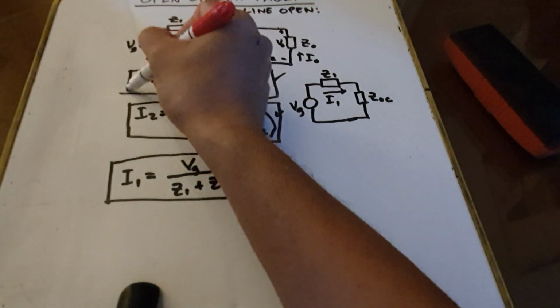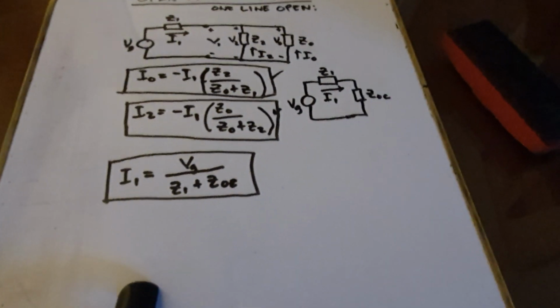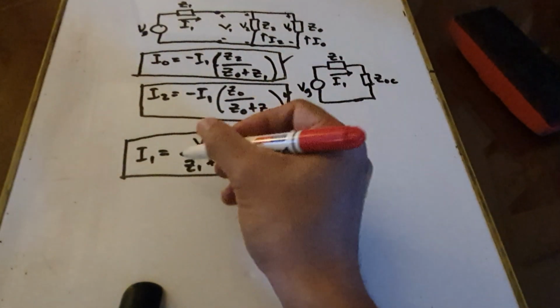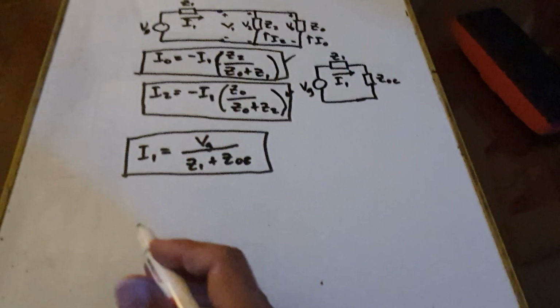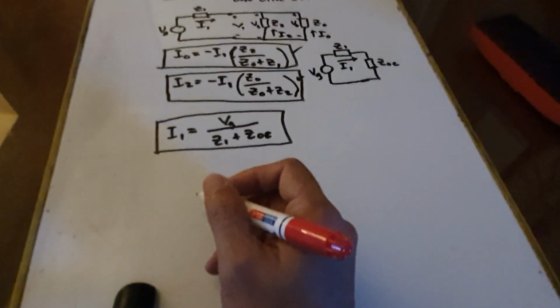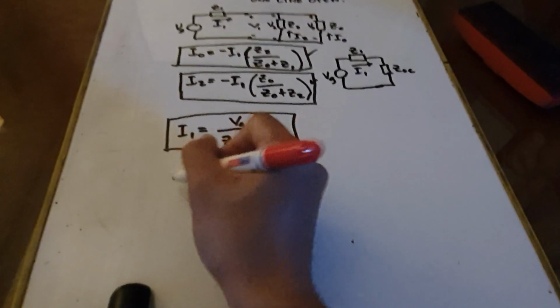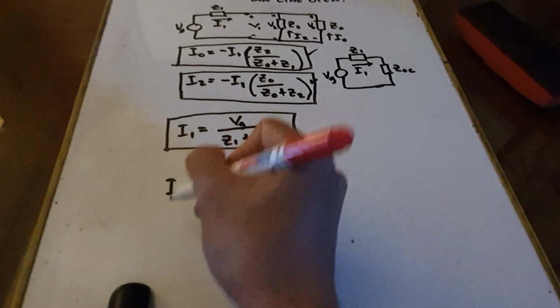Then once you calculate the value of these three sequence currents, you can apply again the symmetrical components formula.